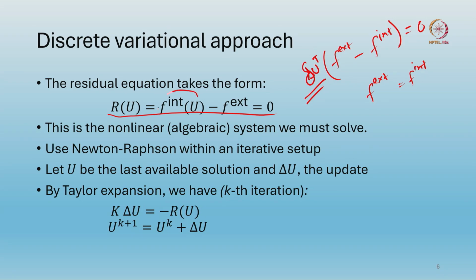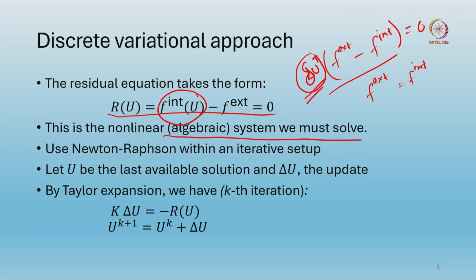Remember that only F internal is a function of u. This is the nonlinear algebraic system for u that we must solve, and observe that the virtual variation delta U has vanished, because we have taken it out through this argument from which we got F external is equal to F internal.